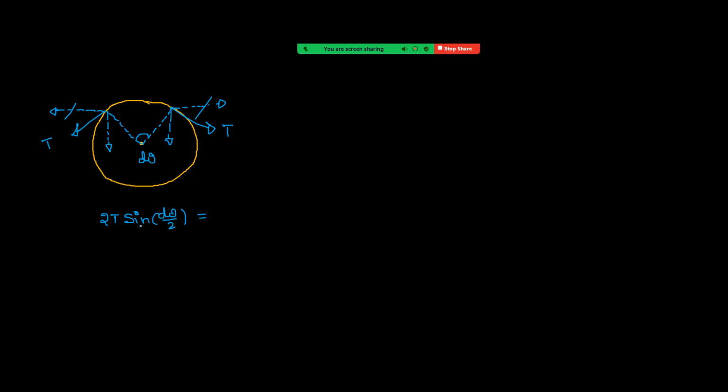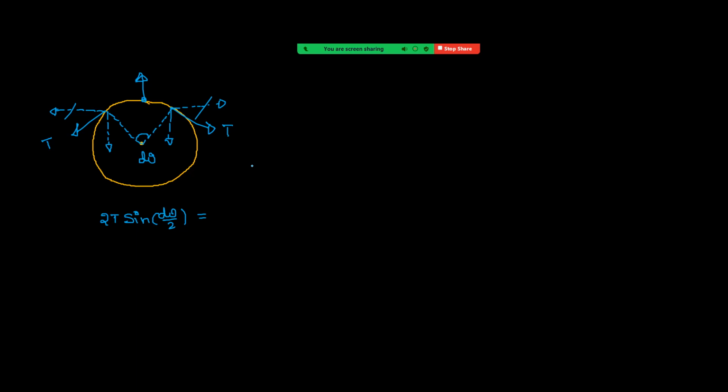Now, this force must be balanced by the force due to the magnetic field, because this element is in equilibrium. Now the ring is in equilibrium. That means if you take any small part on the wire, that will be in equilibrium. That means net force is equal to 0. Therefore, this tension force must be balanced by the force due to the magnetic field, right?